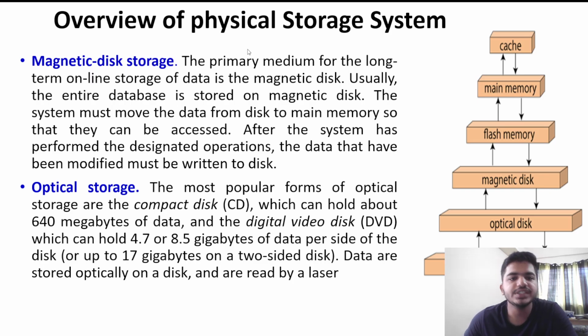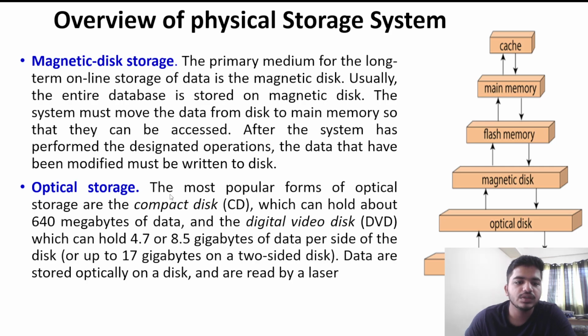Magnetic disk storage. The primary medium for the long-term online storage of data is magnetic disk. Usually, the entire database is stored on magnetic disk. The system must move the data from disk to main memory so that they can be accessed, and after the system has performed the designated operations, the data that have been modified must be returned to disk.